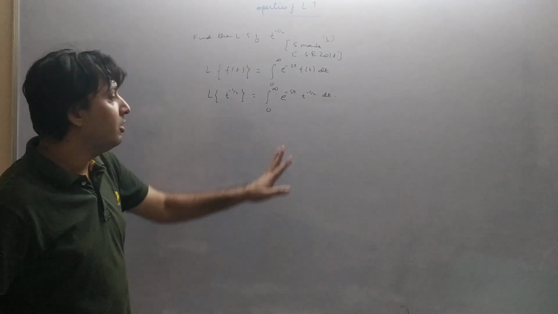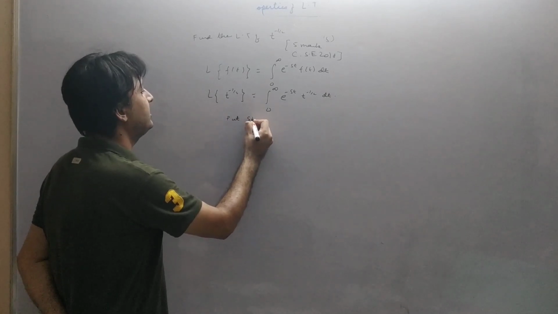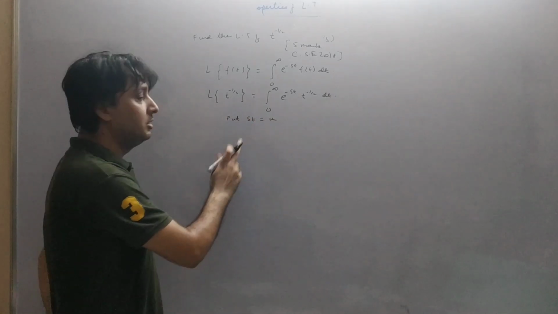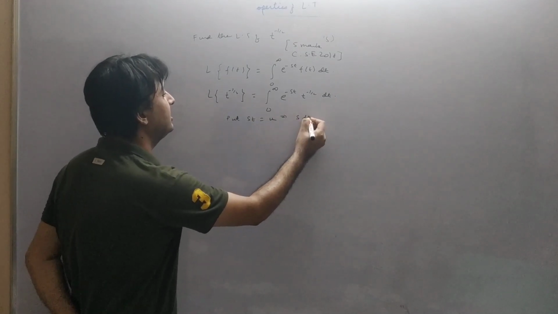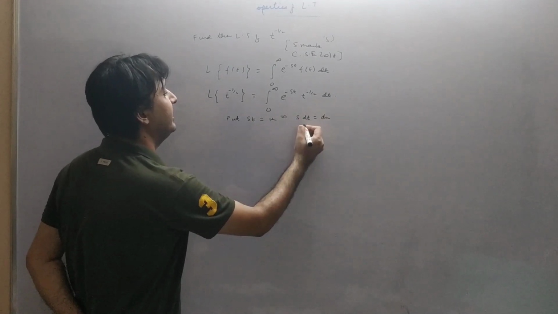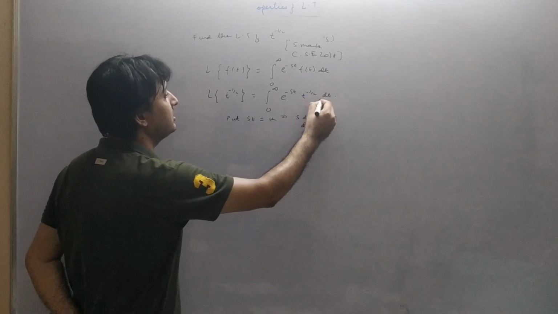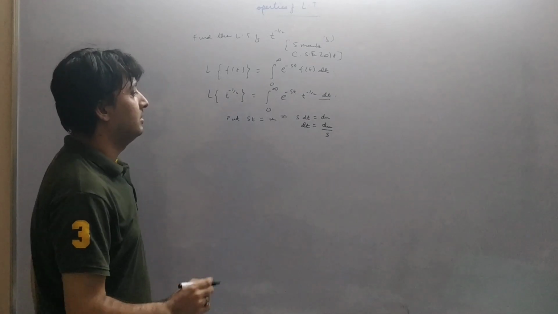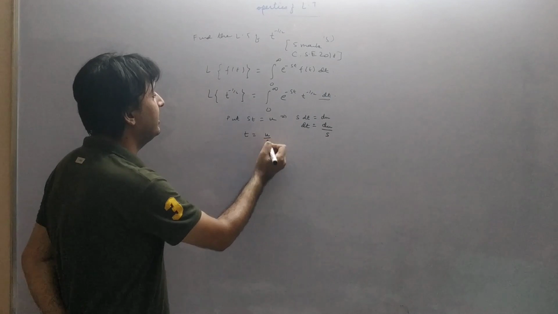Now we are going to put a substitution: st is equal to u. If we take its derivative, then s dt is equal to du. Hence dt is equal to du by s. We are going to use it over here. And what is going to be t? t is going to be u by s.